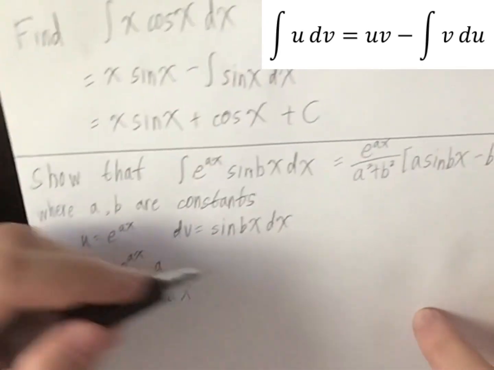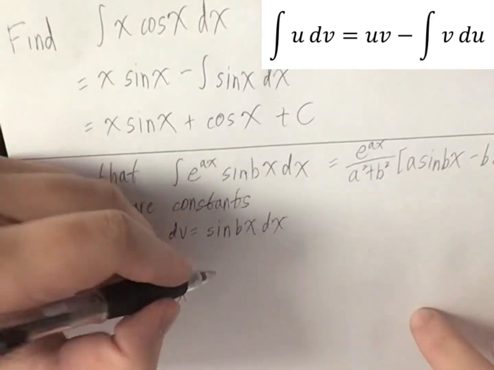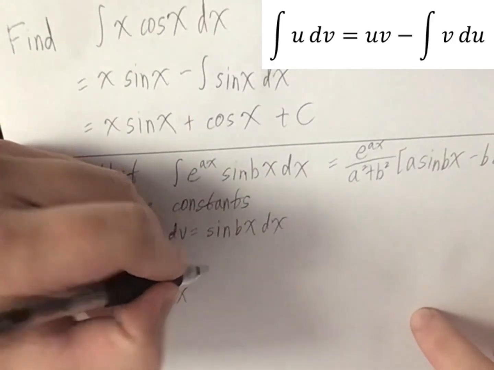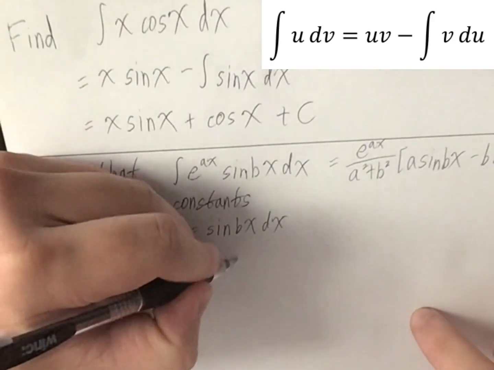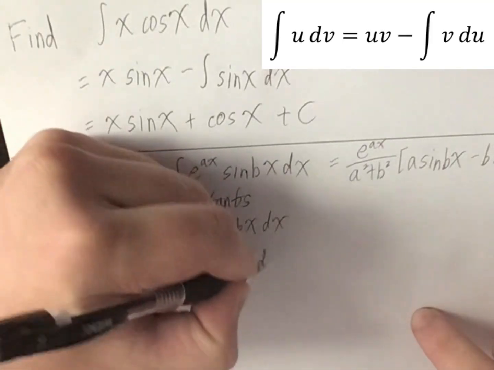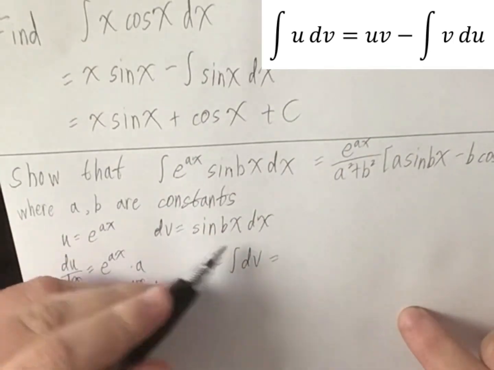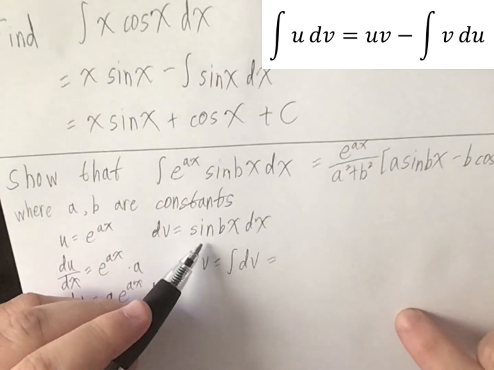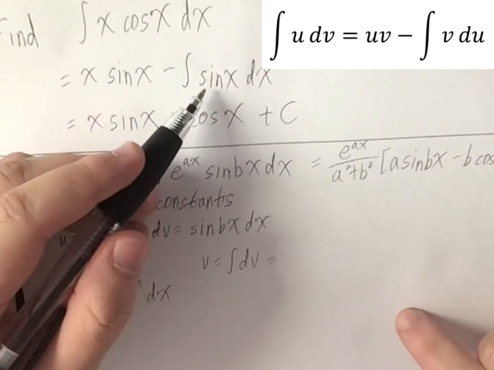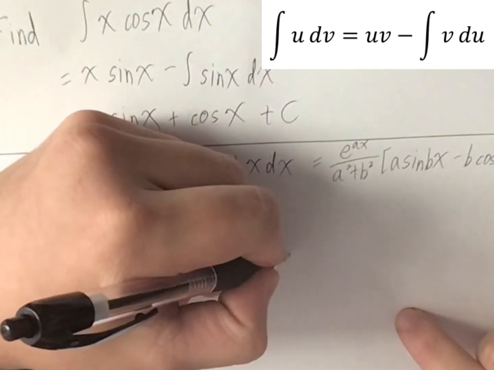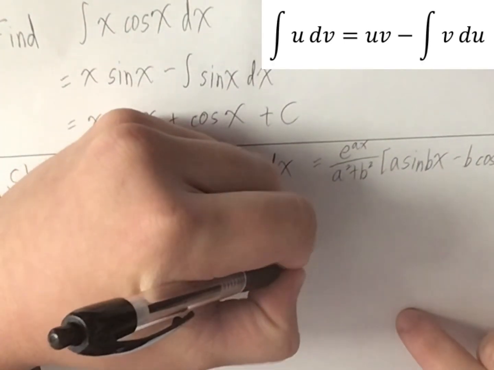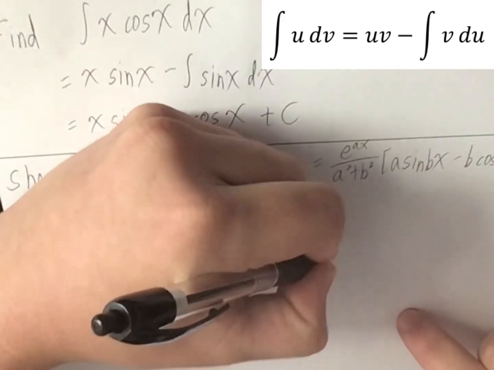And for the dv, if you want to work out v, just integrate both sides. So I'll write it out more explicitly. v is just the integral of dv. So the integral and differential just basically cancel, and you integrate this side. The integral of sine, we just did it here, is negative cosine. So it's negative cosine bx.